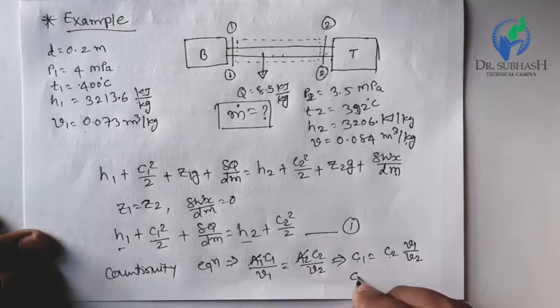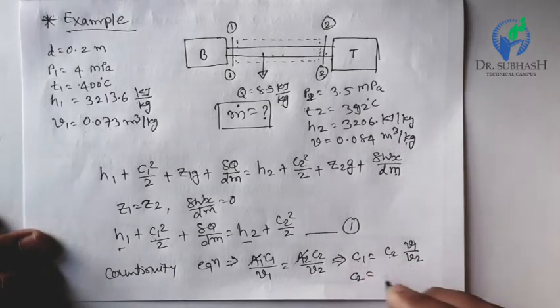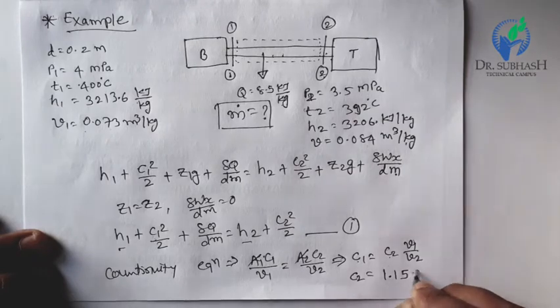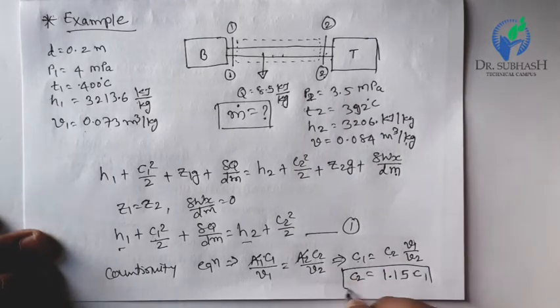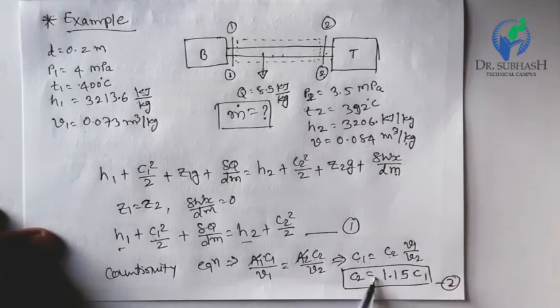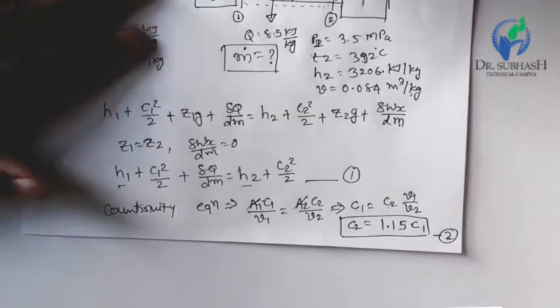So we can say C2 equal to 1.15 C1. So this is the relation, and if we put the value of this equation 2 in equation number 1, then we get the relation like this.